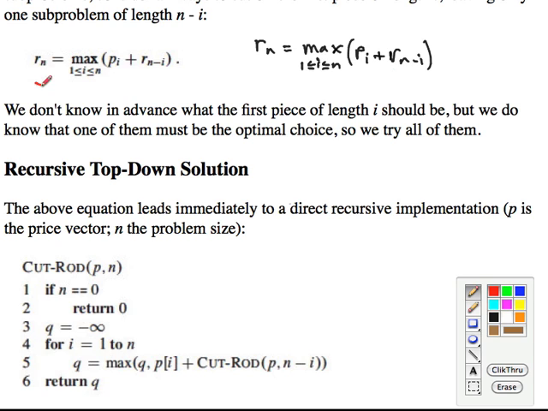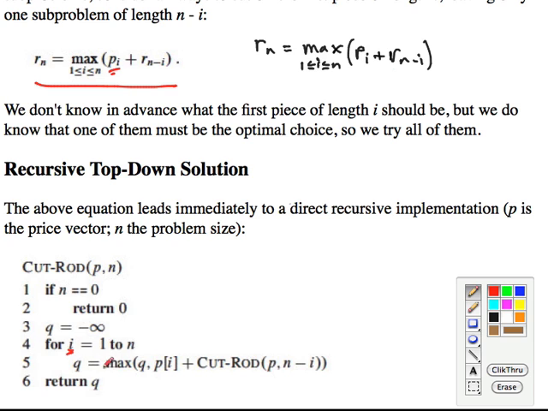So let's transition to the web notes here to save some writing time. Here's the equation that we just came up with, and this maps directly to a recursive top-down solution, where first of all, if the rod is of length 0, we return 0. Then we set the cost, or revenue, sorry, to negative infinity, and then we're going to iterate over all the i being the possible first piece you cut off, and find the maximum of all those i's of what you get for cutting that piece off, plus the recursive solution for the remaining piece.